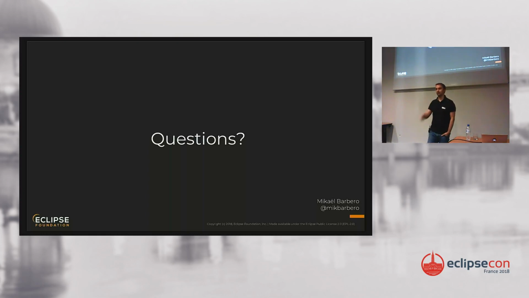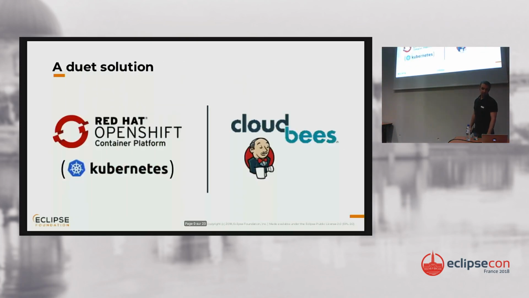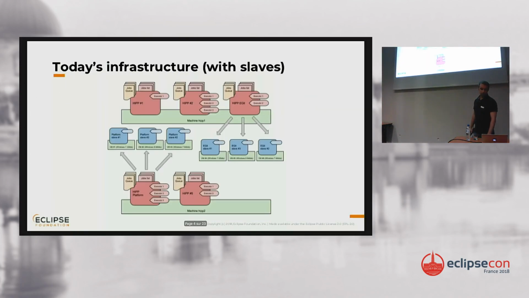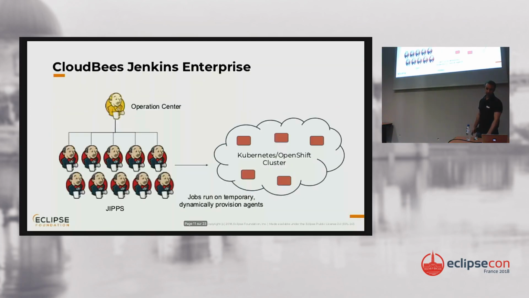One question: you mentioned the concept of the previous architecture was hardware resource sharing. So how do you manage this now with the new one? The con was the usage of hardware sharing, so if you got a job which consumes a lot of CPU... Okay, so that's one of the features of Kubernetes.